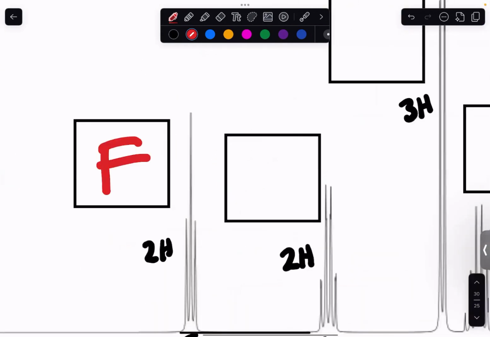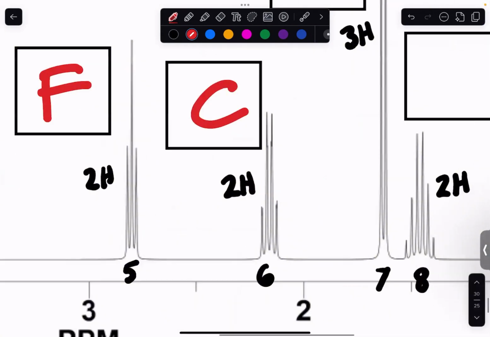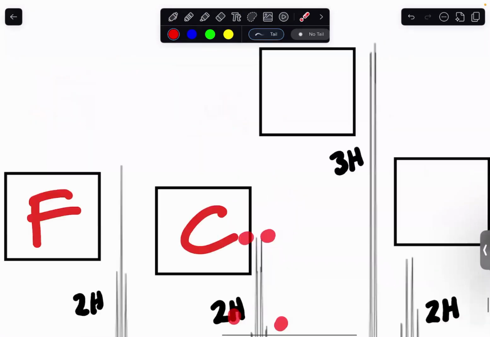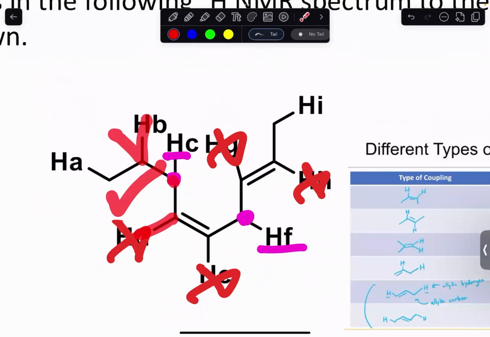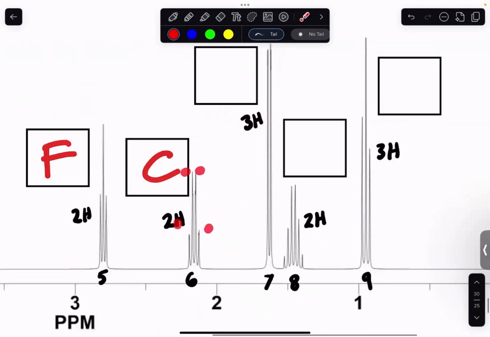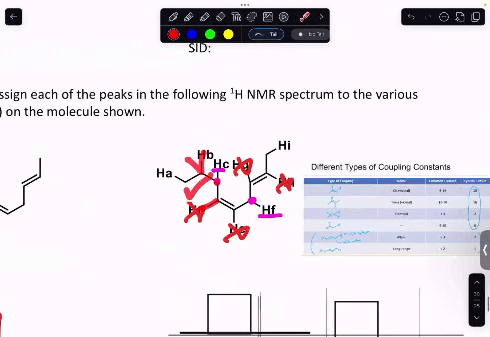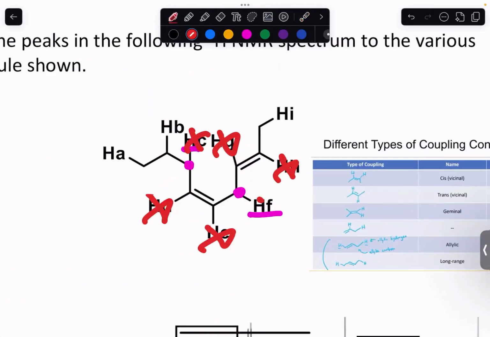And that makes this C, but we can confirm that. How many neighbors does peak 6 have? Just to confirm. One, two, three, four. 4 subpeaks, 3 neighbors. And let's check that out. 1, 2, 3 neighbors. That checks out. So peak 6 is C, right? So now I'm going to cross out C and F.